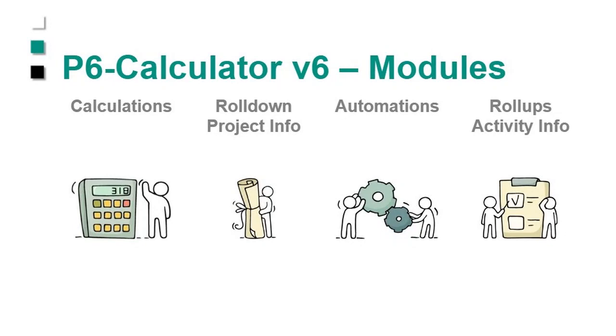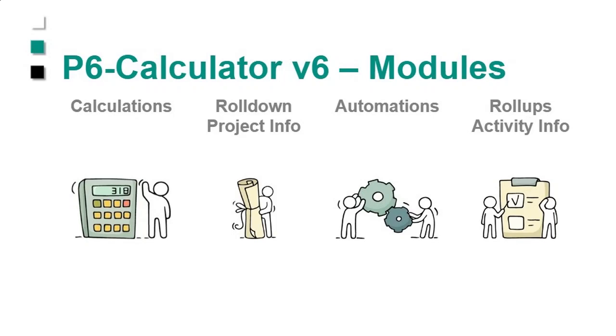So we add fields to P6 to help you get the calculations that you're looking for. So it's generally calculations. It also can be automations, and I'm going to show you some automations today. Like, I'm going to show you how we can do auto logic and auto scheduling. So I'm going to show you that.